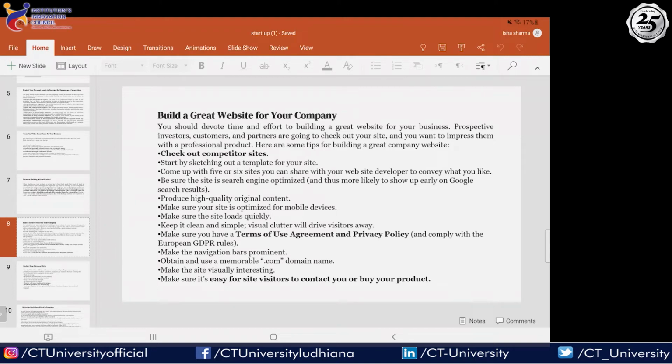If I talk about healthcare-related startups, the customer or the patient is going to use the website to reach out to, say, telemedicine apps or to book medicines. So you have 1mg and other portals as well.